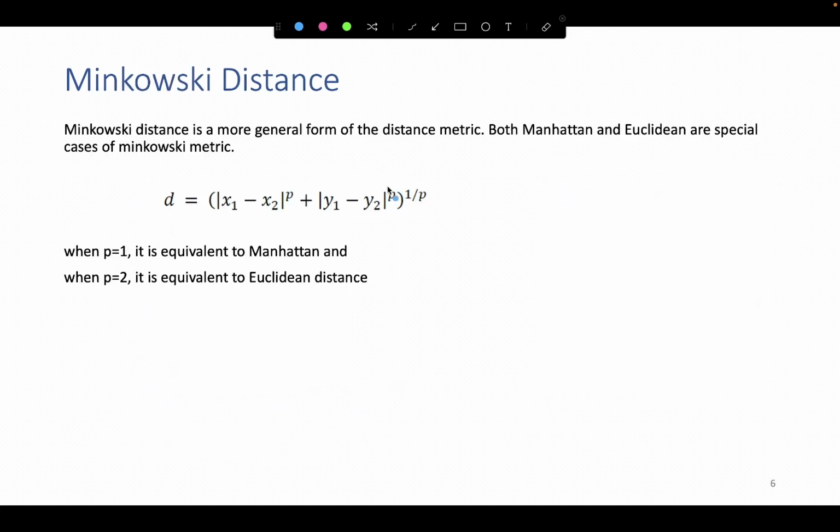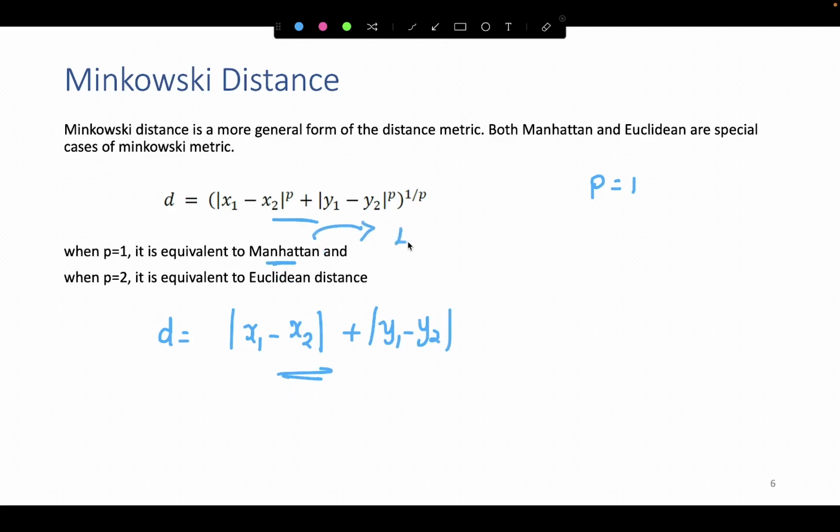So the formula for Minkowski distance is going to be this. When P is equal to 1, let me substitute P is equal to 1 in this specific distance formula that you are observing. This is going to be mod of x1 minus x2 plus mod of y1 minus y2. And this is nothing but your Manhattan distance. So Manhattan distance is also called L1 norm.